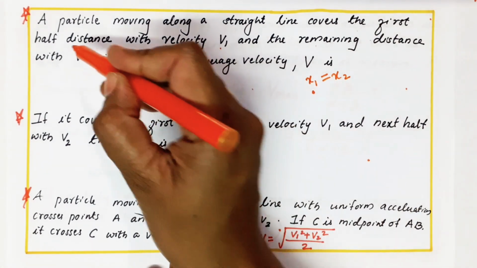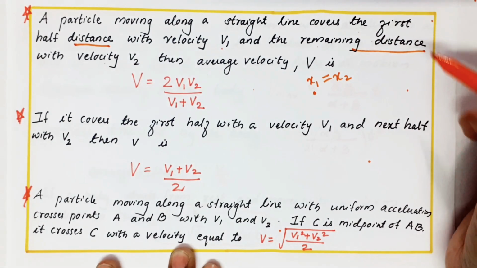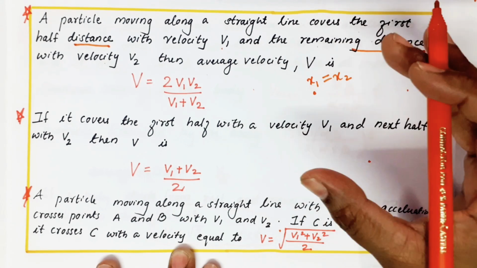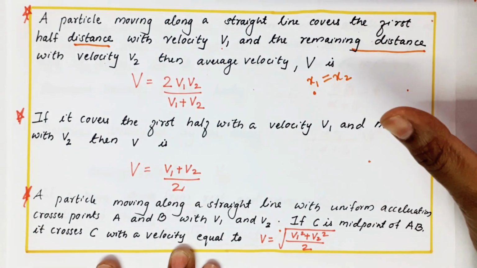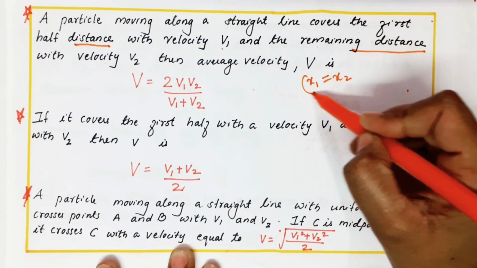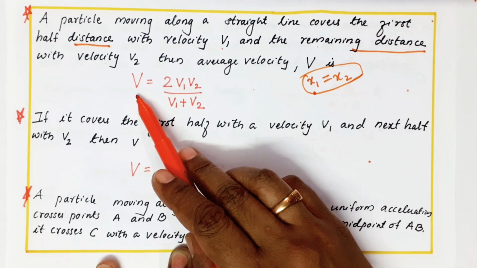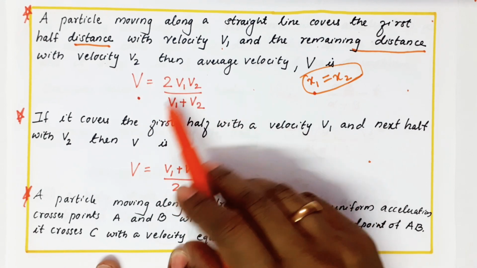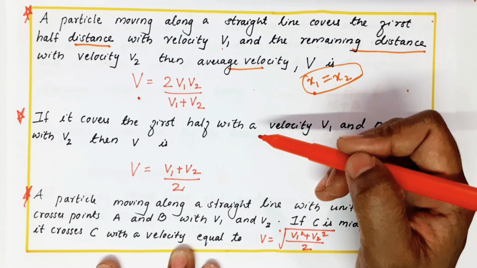Both distances are the same, half distance and remaining distance. It means if we go some distance with a velocity and another distance with another velocity, but those two distances are the same, no need to think anything. You can directly use this equation: 2v1v2 by (v1 plus v2) is the equation for average velocity.